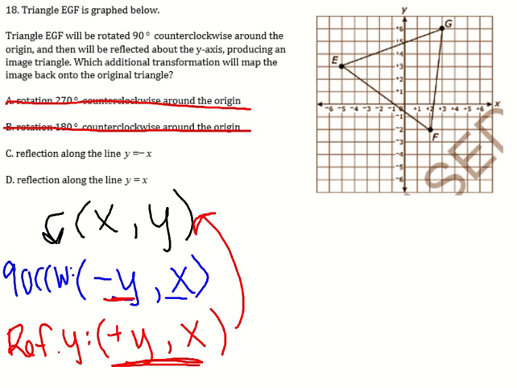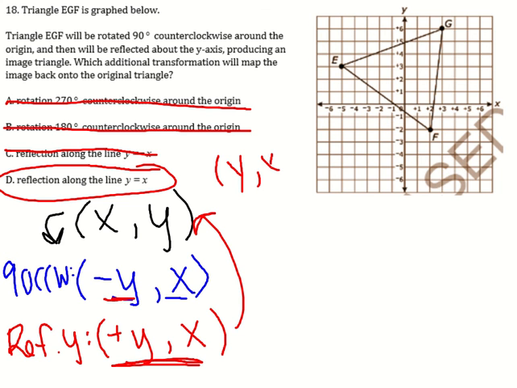Reflection along the line y equals negative x changes the signs again, but along the line y equals x, it's going to take whatever was in the y position and the x position and flip them back. That is the rule.